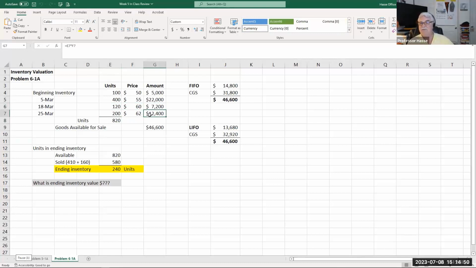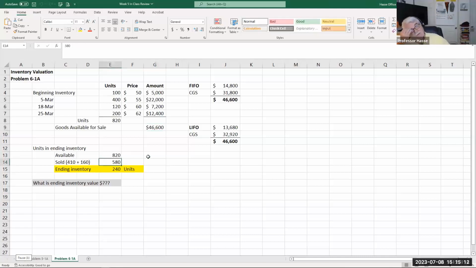So during the course of this month or accounting cycle, they have 820 units available for sale, beginning and additional purchases, and the total cost of all that inventory is $46,600.